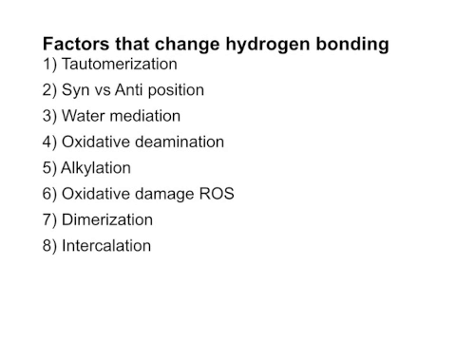This is when 3's a crowd and the water molecule gets in between the 2 bases and forms its own hydrogen bonds between the bases. That can be bad news. Then there's oxidative deamination, alkylation, oxidative damage by reactive oxygen species, there's dimerization, and there's intercalation. That's a pretty big list, but let's look at them one at a time.